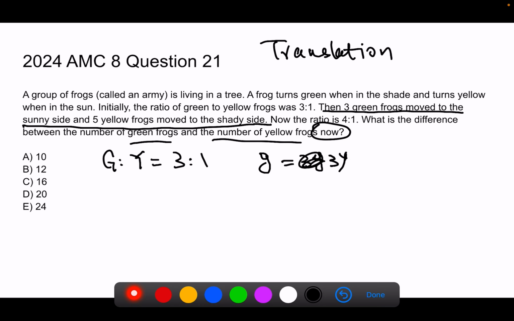Alright, now the next sentence is a key. 3 green frogs moved to the sunny side, and 5 yellow frogs moved to the shady side. So 3 green becomes yellow, but 5 yellow becomes green. To do a translation, in the end, what is the change? Did we get more yellow or less yellow?